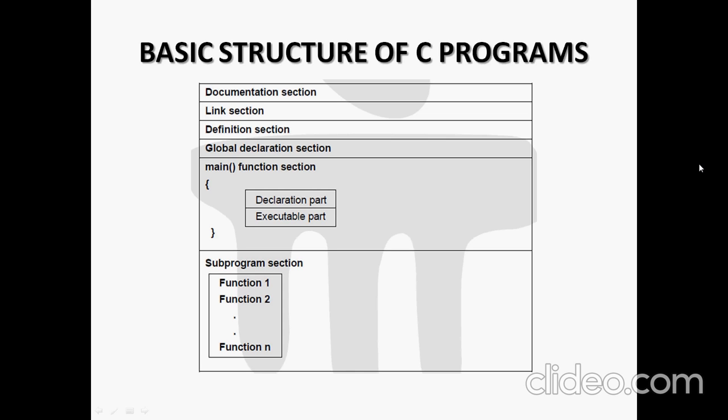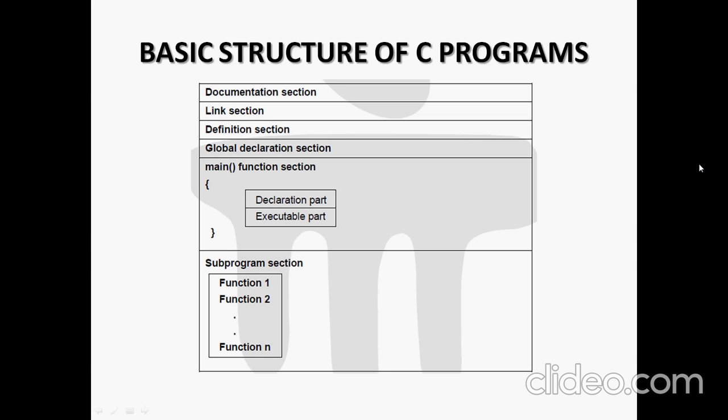In between the opening and closing curly brace we have the declaration part and executable part. In the sixth section we have the subprogram section, with n number of functions, say function 1, function 2, function 3, and so on up to function n. Like this we have 6 sections.